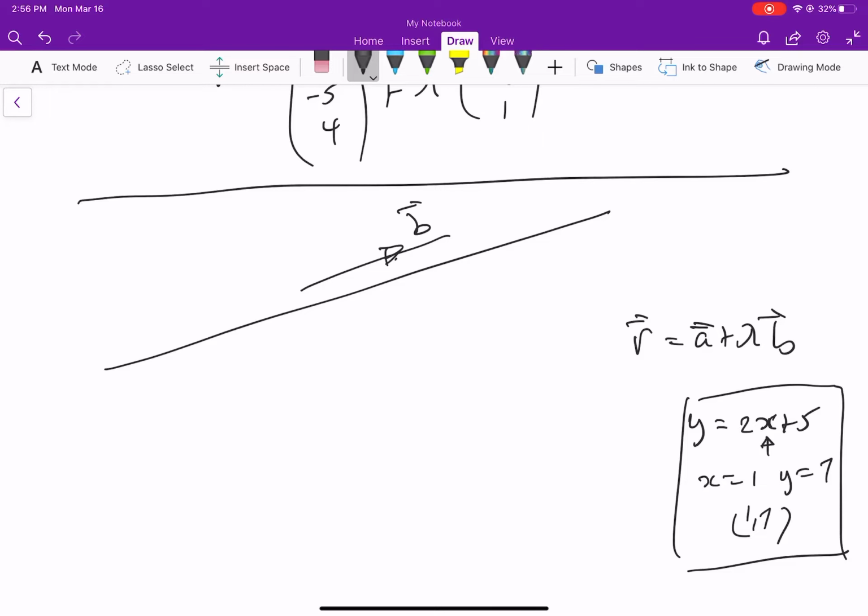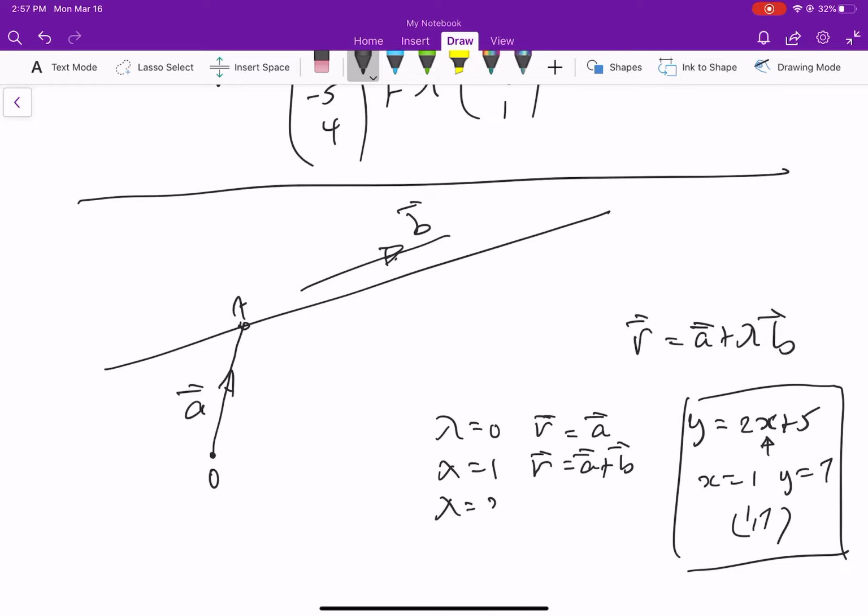So let me demonstrate. This is my origin, and this is the A. This is the vector A. I'm not going to draw in the generic R. So when lambda is equal to 0, if you plug it into the equation, you get R is equal to A. When lambda is equal to 1, R is equal to A plus B. Lambda equal 2, R equal A plus 2B.